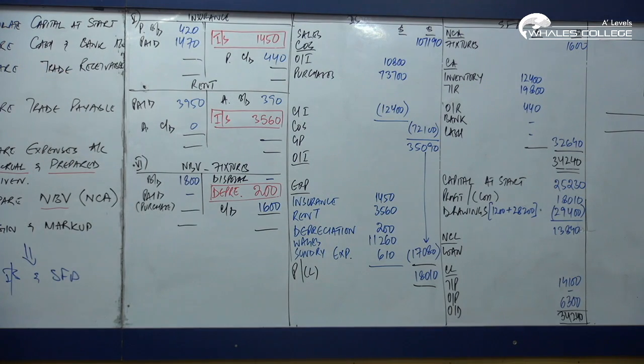Capital at start. Now everybody, please stay with me, I'm following the same steps. Then step number 3 will be the receivables step: opening, closing, receipts, credit sales. Then step number 4 will be the same for trade payables: opening, closing, paid and purchases.